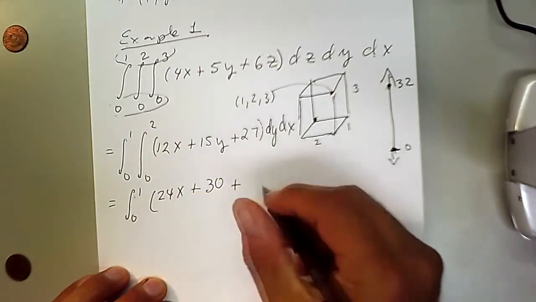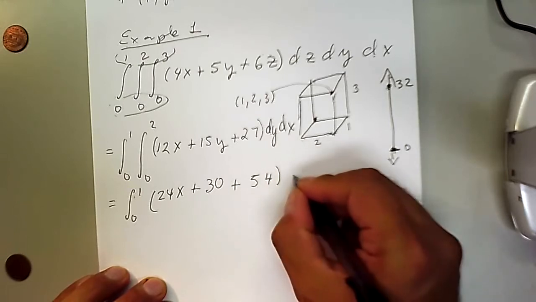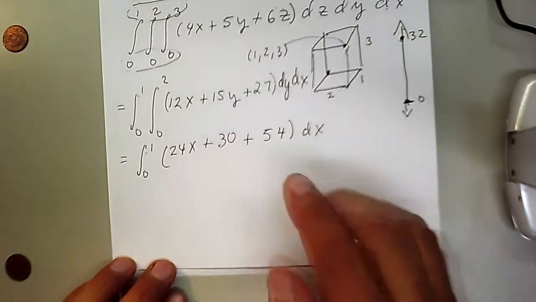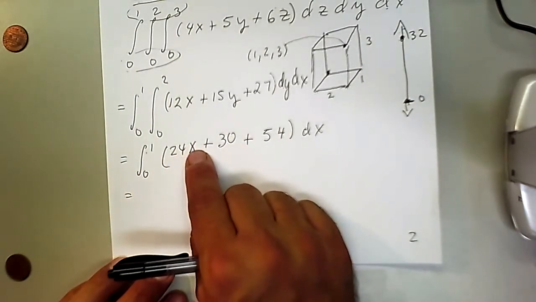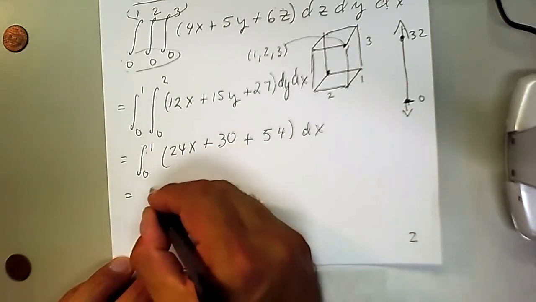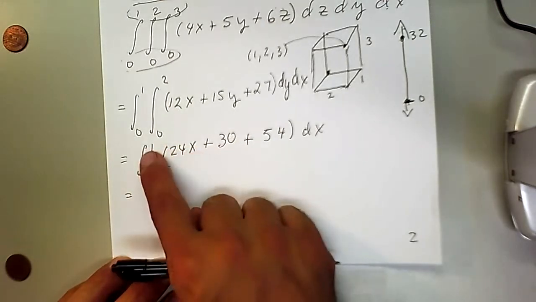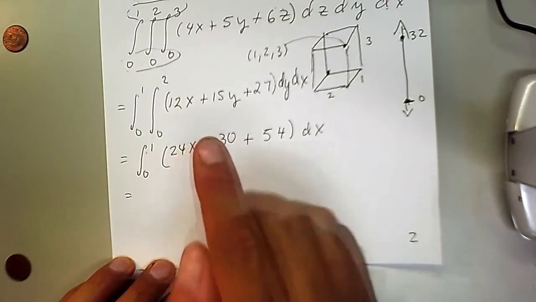So we really end up with 54 dx. And now this is a calculus 1 kind of integral. So we have 24x squared over 2, and we're going to plug in 1 and 0. When we plug in 1 into the x squared over 2, we're going to have a half times 24, which is 12.